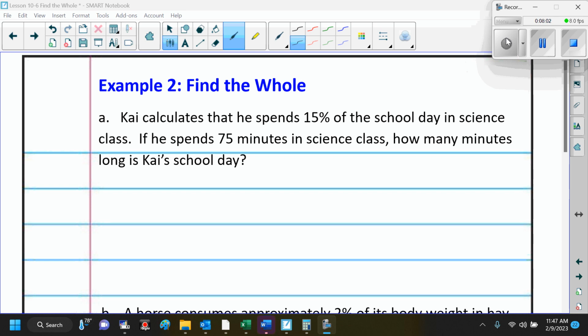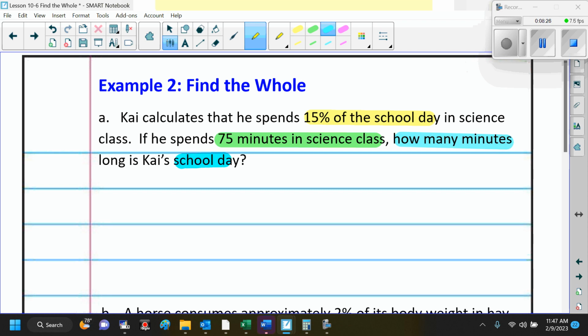He spends 15% of the day in science. What else is important? He spends 75 minutes in science class. And what are we looking for? How many minutes long is Kai's school day?